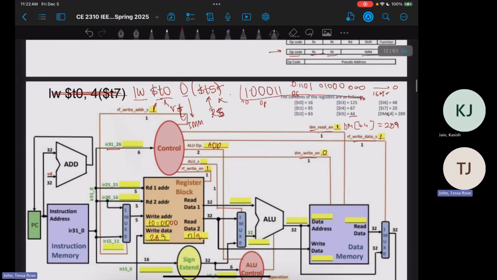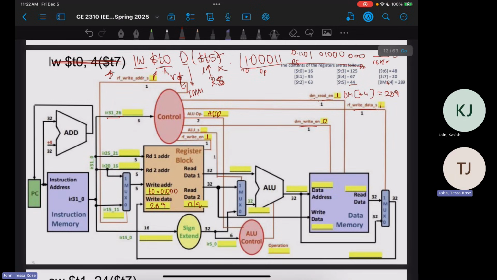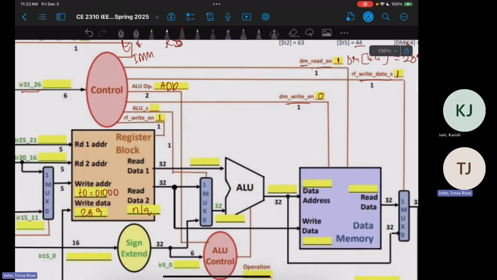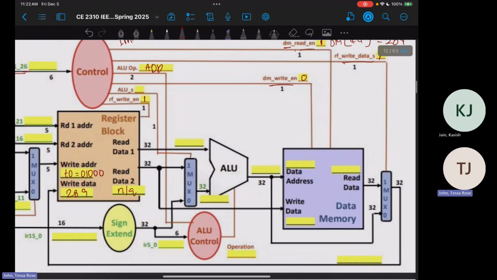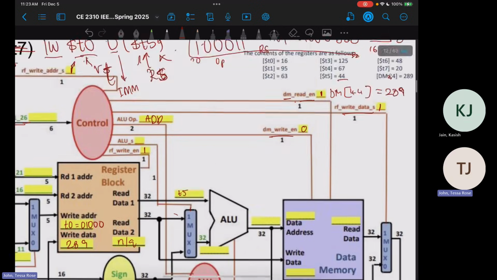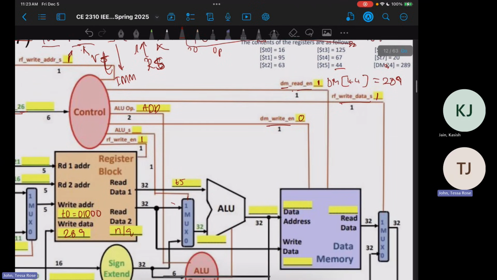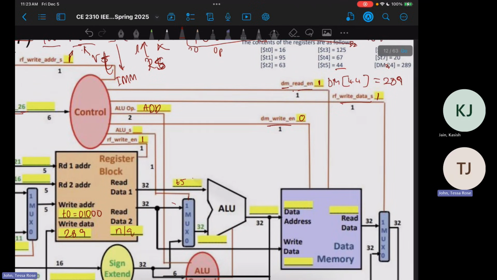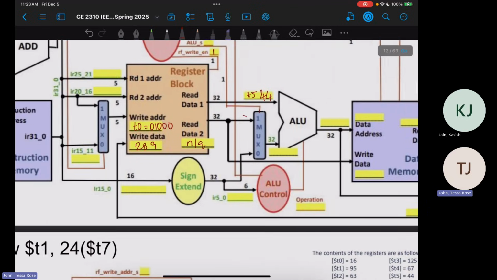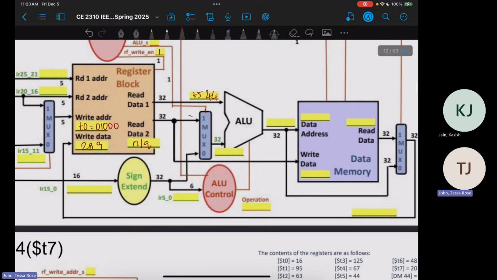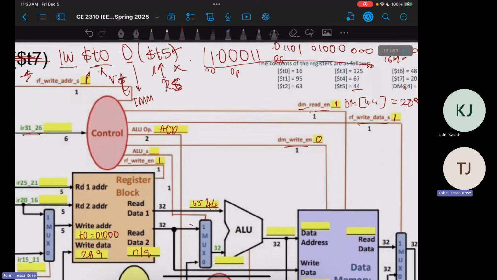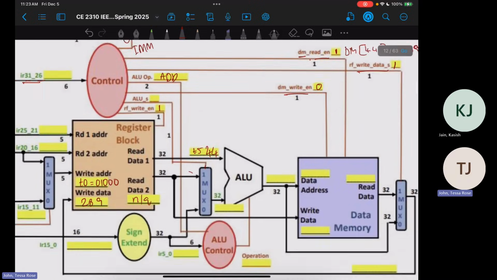We're just reading one data right here, which is T5. So it's 1 here, right? All right, write enable is 1. So we get the number from T5, which is 44 right here. And if you look at it, it's just zeros at the end, since the IMM is 0.